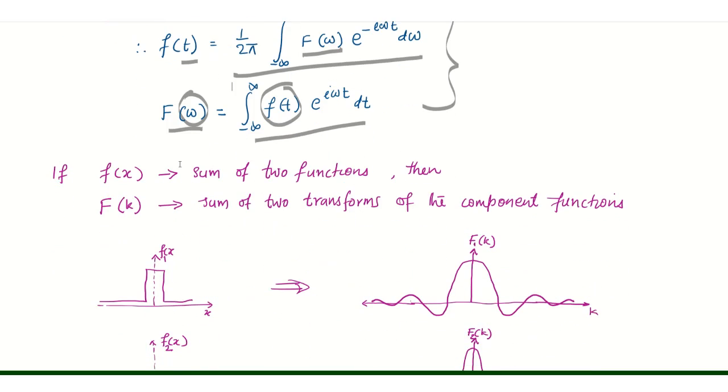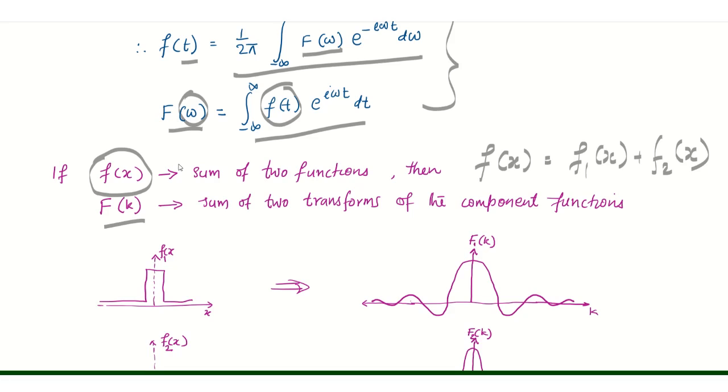And if a function f(x) that we have considered here is a sum of two functions, like f1(x) plus f2(x), then F(k), its Fourier transform, will be the sum of the Fourier transforms of the component functions.